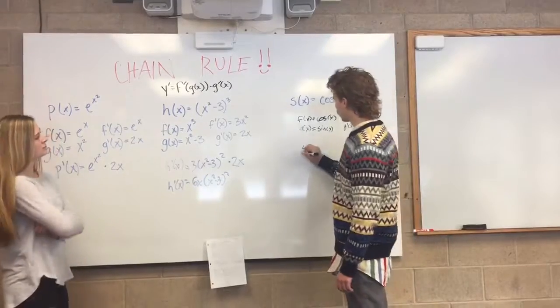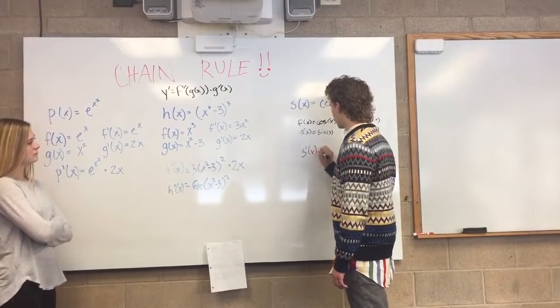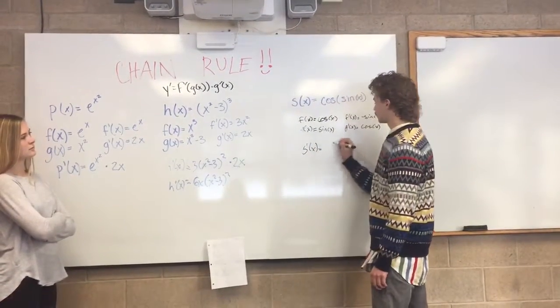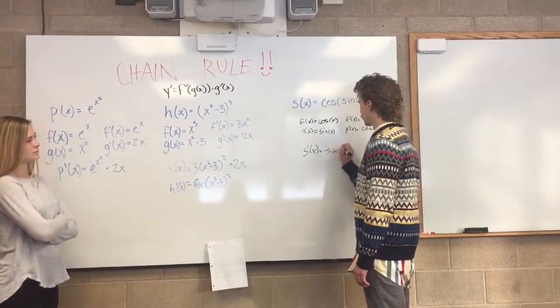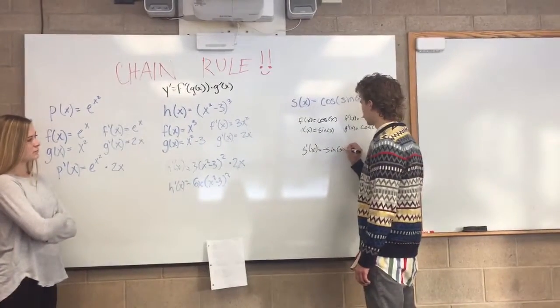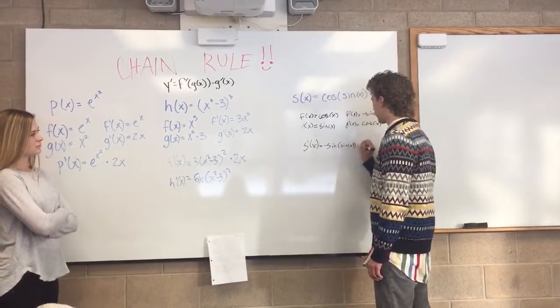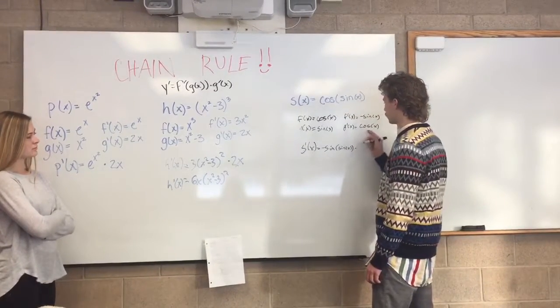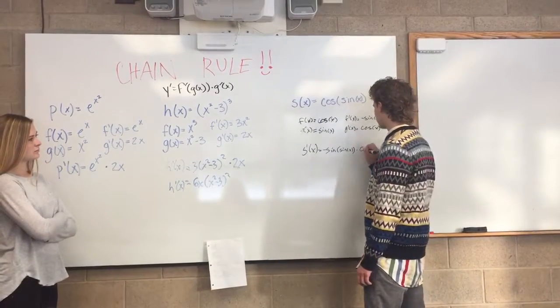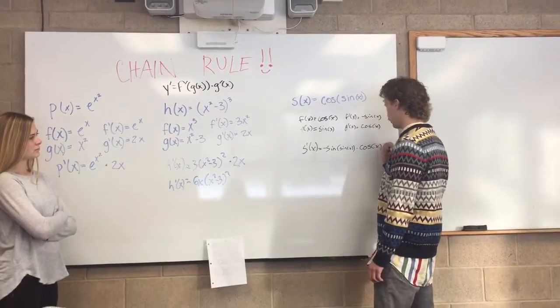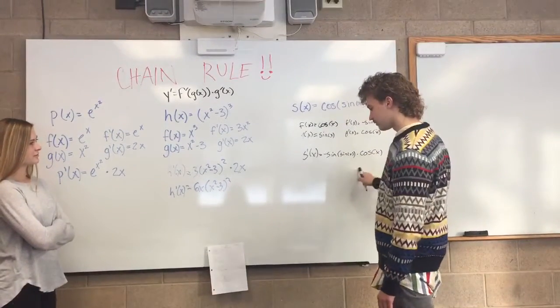And now, for the chain rule, you do the derivative of the outer function, so negative sine, times the inner function, sine of x, times the derivative of the inner function, cosine of x. And that is the answer.